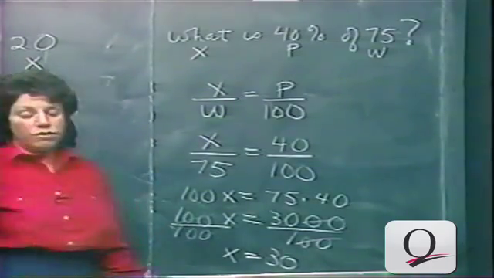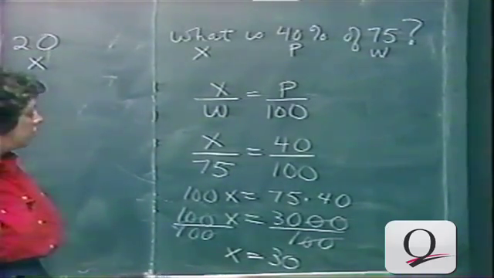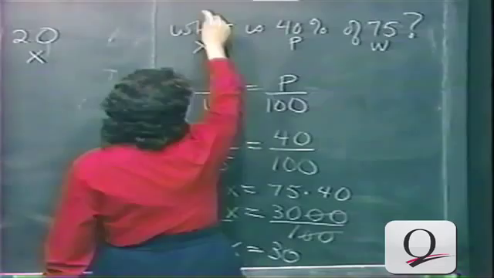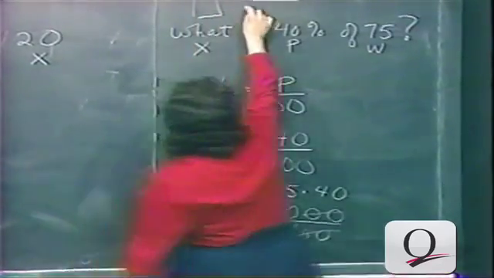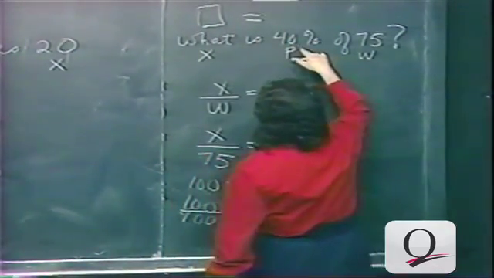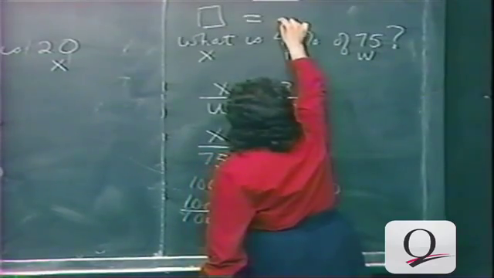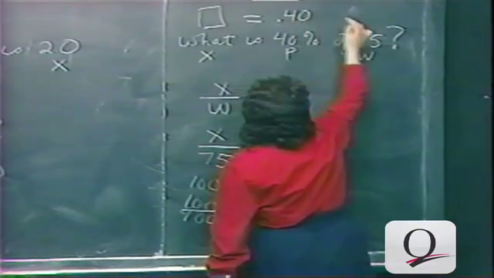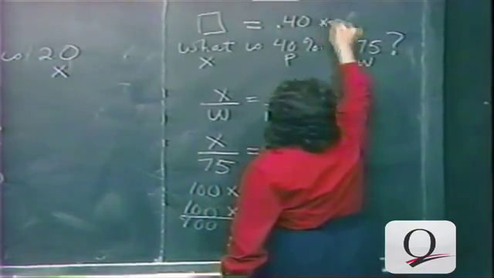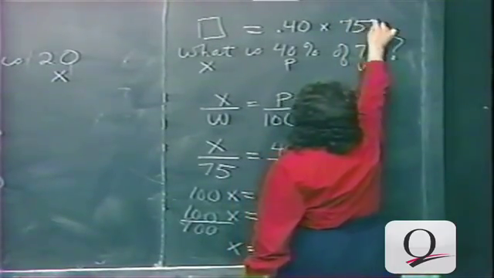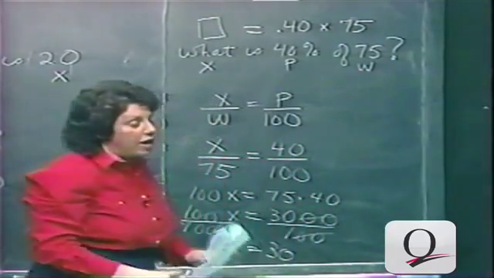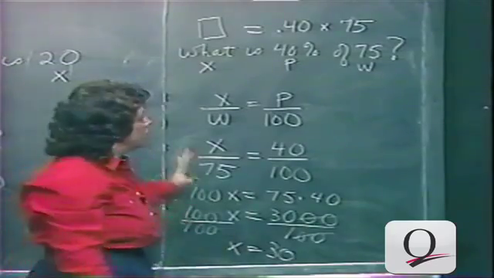Okay, I want to mention, if you've learned another way of doing this problem, where you say what is equals, and 40% you write as the equivalent decimal 0.40, and the of is interpreted as multiplication, that's perfectly okay. If you have that method of doing it, that's fine.